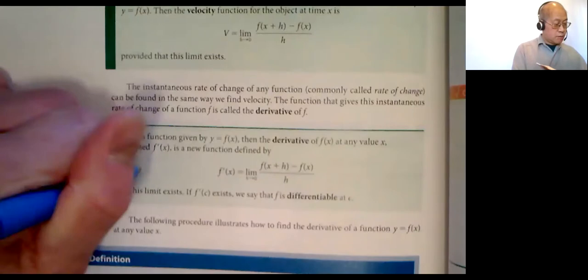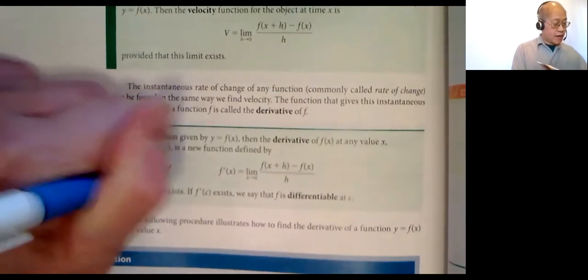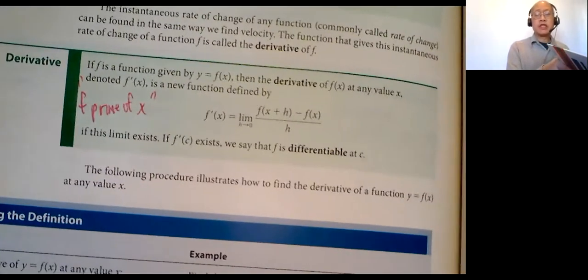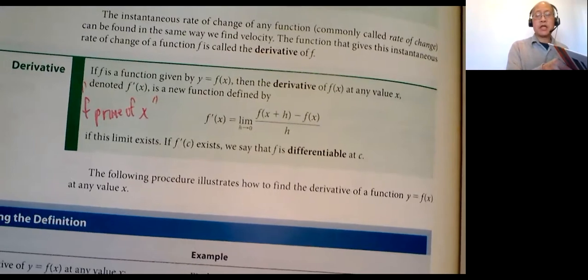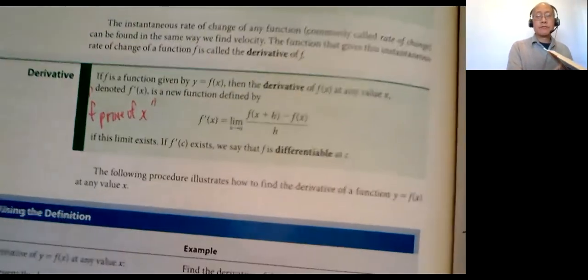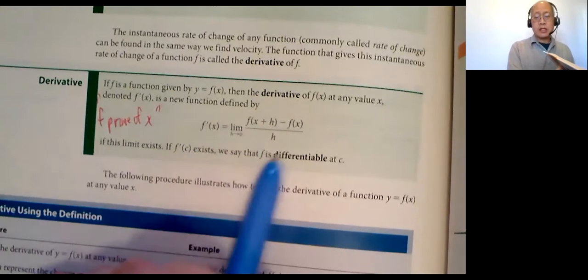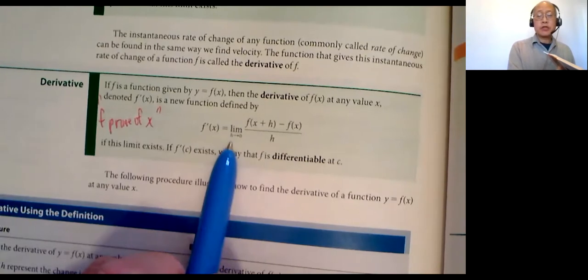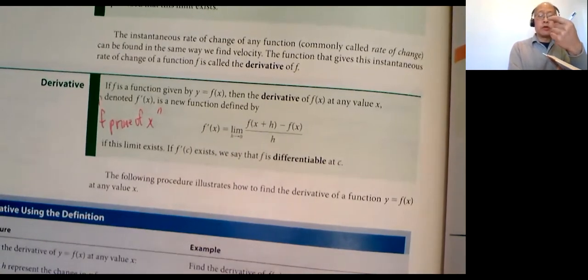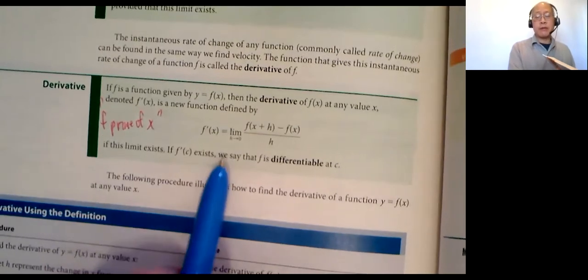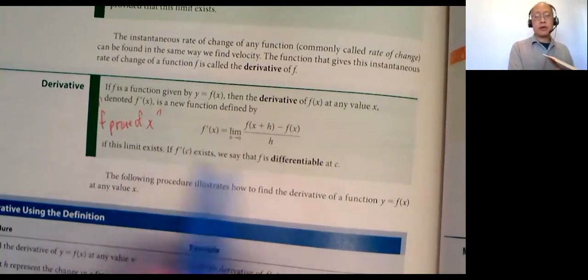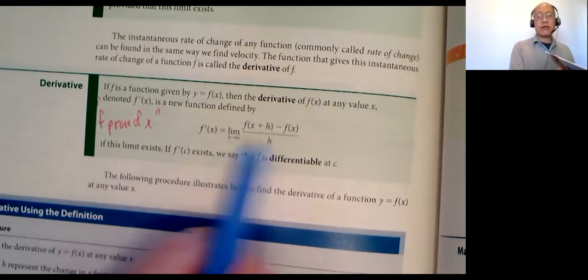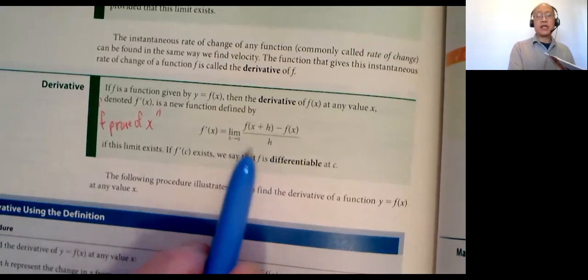It's a limit: limit as h approaches 0 of f of x plus h minus f of x all over h. It's a sneaky way of writing slope also. This also is a slope. As h approaches 0, you're taking those two points and moving them closer and closer together using the concept of a limit, and we've already seen limits before. So go ahead and put this on your next cheat sheet: f prime of x, limit as h approaches 0, f of x plus h minus f of x all over h. We've actually seen that quantity before.